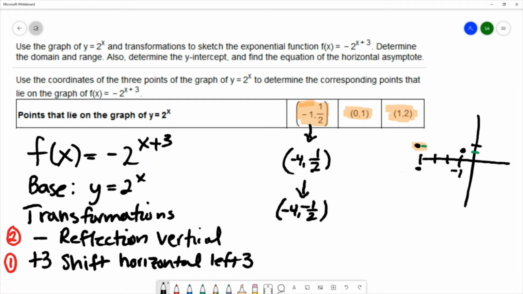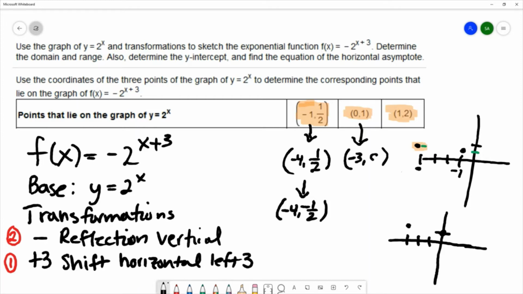We're going to do the same thing for these other two coordinates. So I'll start off with an ordered pair of 0, 1. We want to shift that ordered pair to the left 3. So that means that the x-coordinate of 0 subtracted 3 becomes an x-coordinate of -3.